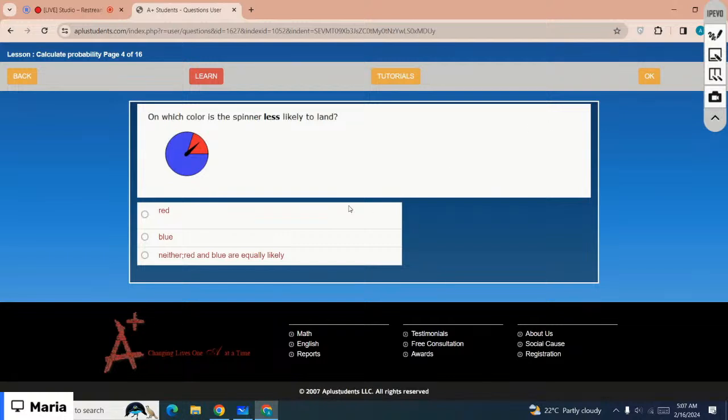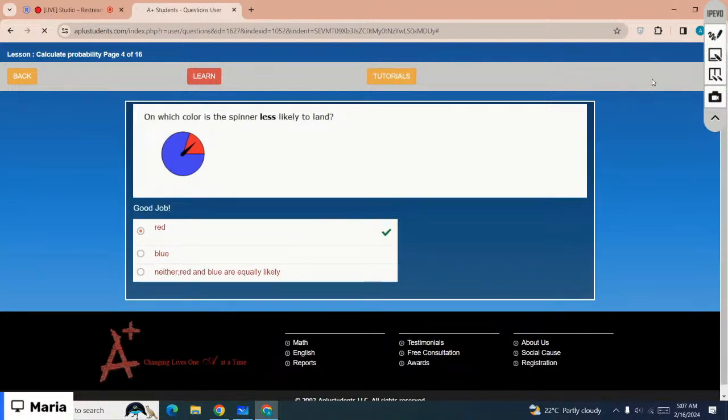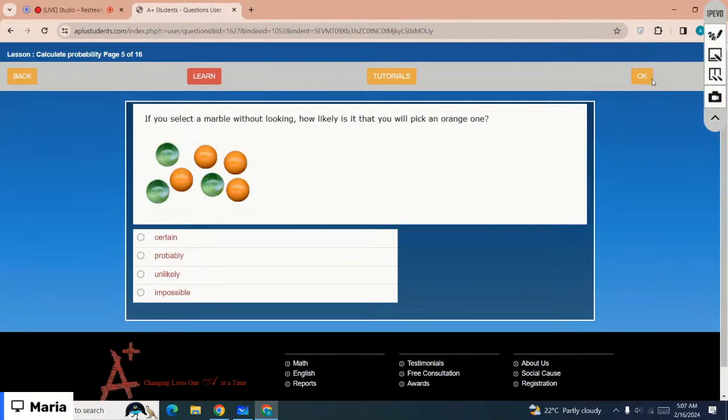Okay, the next one is: if you select a marble without looking, how likely is it that you will pick an orange one? Certain, probably, unlikely, and impossible. Which is the correct option?